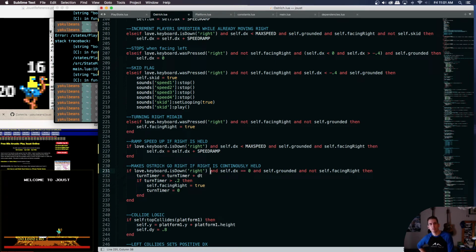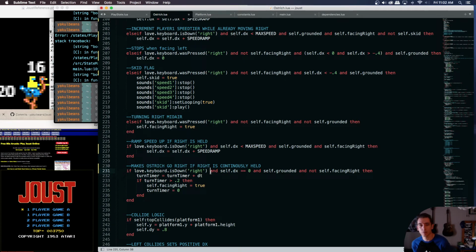So if left is held, so the problem is I hold right and then I hold left. It should just turn my DX left, but instead it's continuing to increase my dx, and then the left is counteracting that with its own negative dx, or with the skid logic, which is slowing its dx.